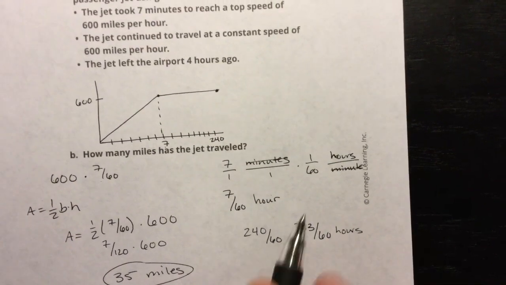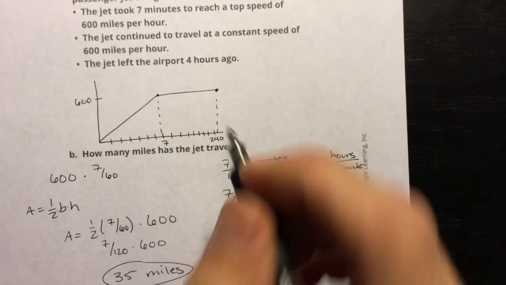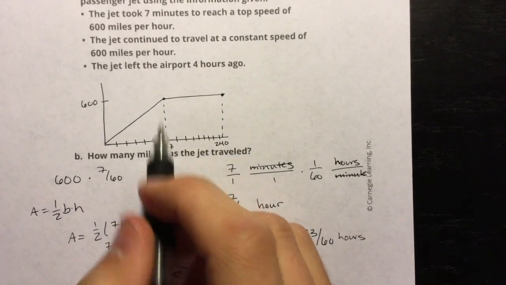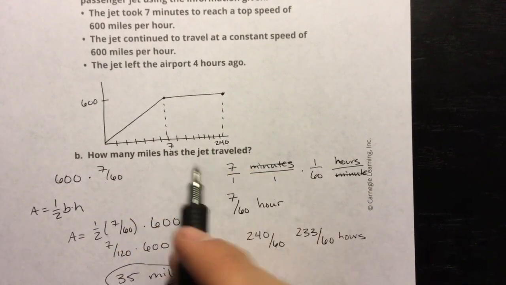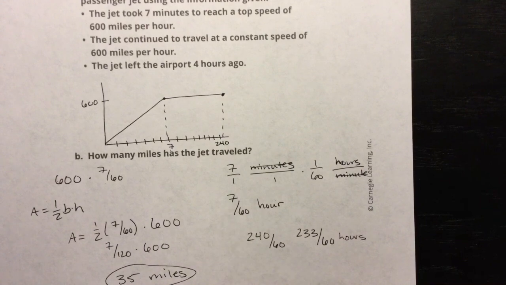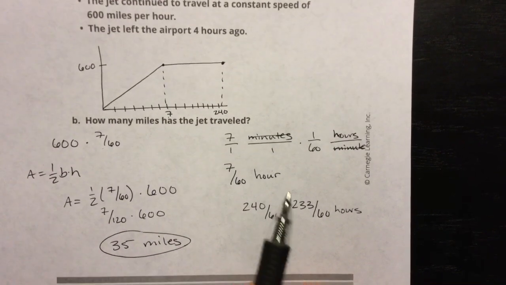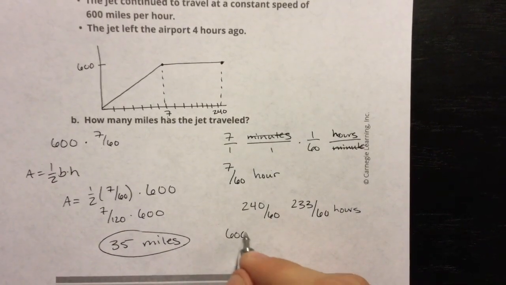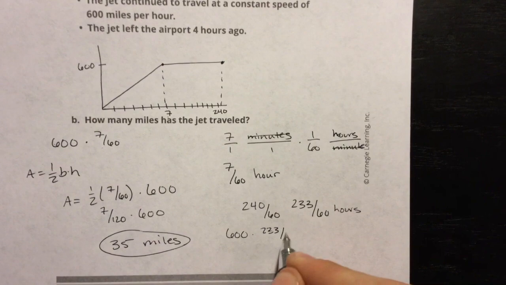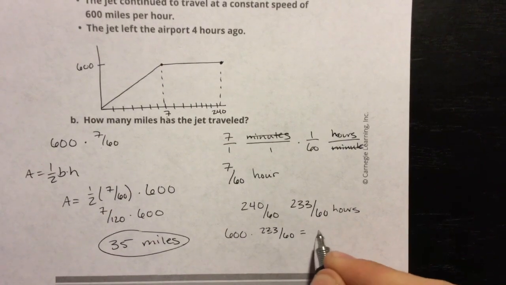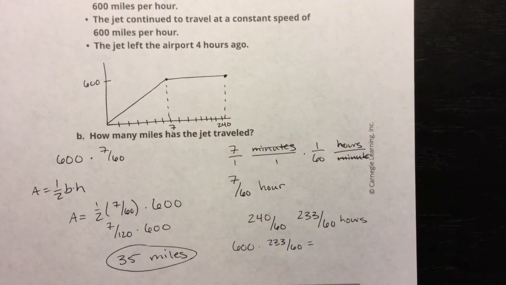Because the rest of the shape is just a big long rectangle, I can just multiply the base times the height. So the base is these minutes, which is 233/60ths, and then the height is still going to be 600. So for this part, I can go 600 times 233 over 60. I'm going to do that over here on my phone.